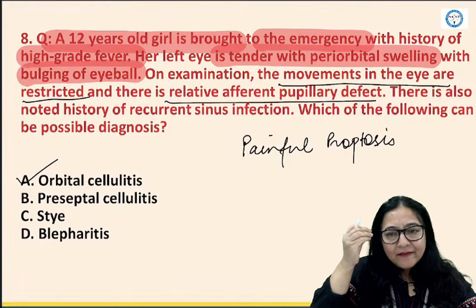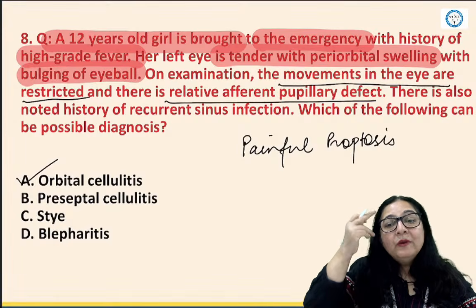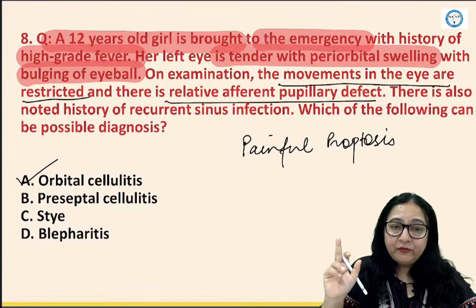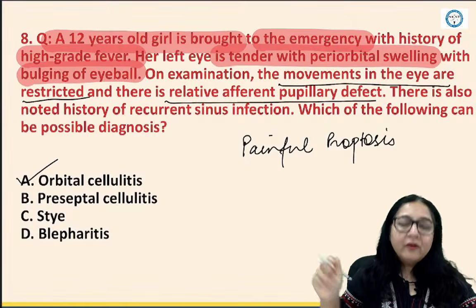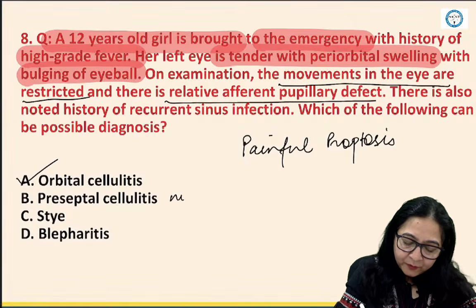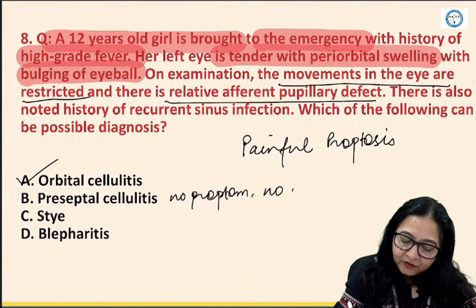So there is painful proptosis which will not be seen in preseptal cellulitis. Preseptal cellulitis will have some pain, but there will be only lid swelling, no proptosis, no restriction of the extraocular movements. Okay, no RAPD.